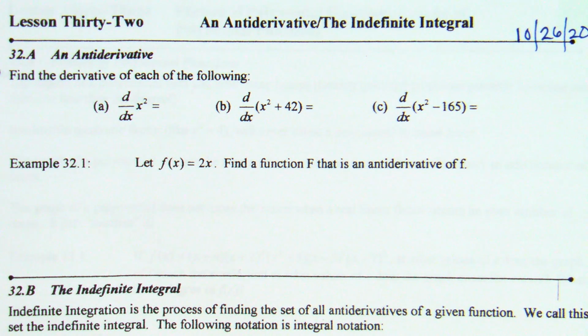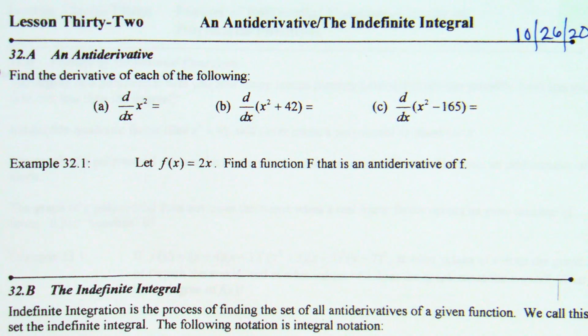Derivative of cosine x is negative sine x. Derivative of e to the x is itself, e to the x. Derivative of natural log of x, 1 over x. We may have others that we know at this point, but those are the ones coming off the top of my head.